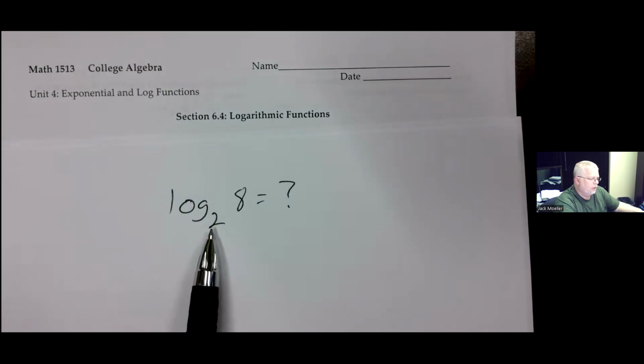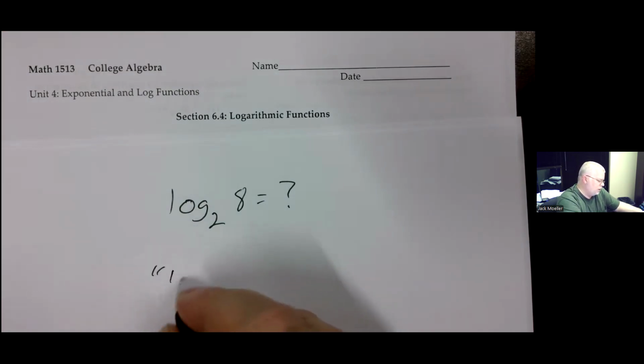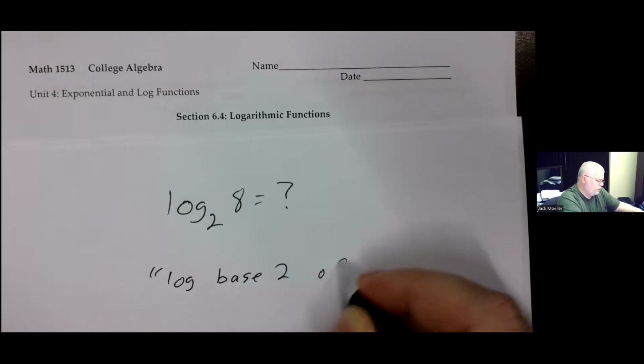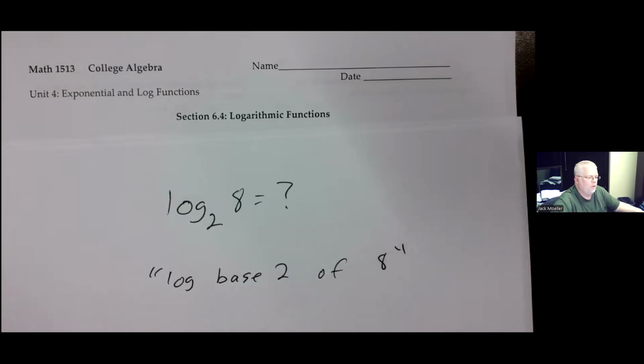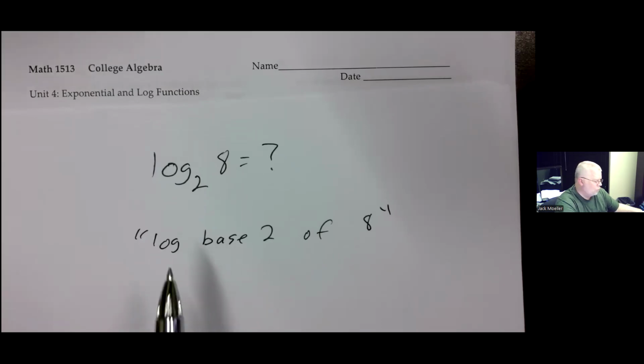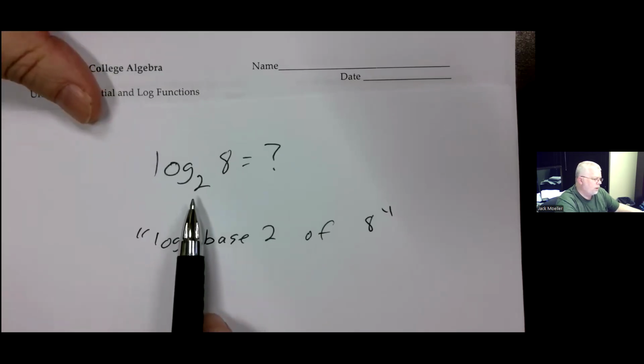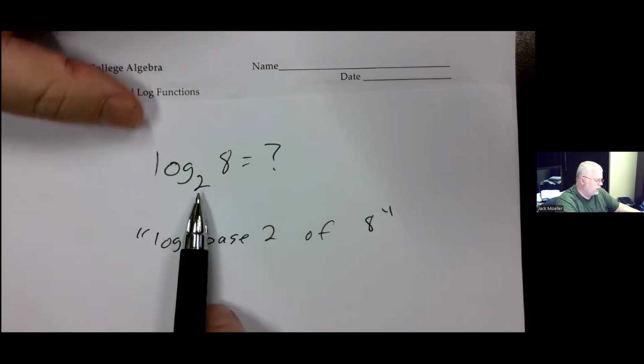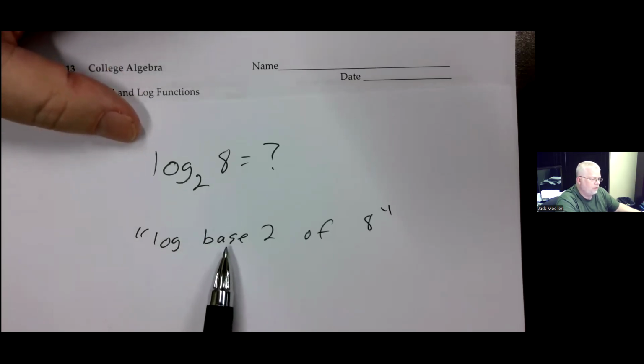When you're reading this, you should say log base 2 of 8, or whatever it is. One thing I'm very particular about, particularly in class where I can get the feedback, is that anytime you're saying that base, say the word base.